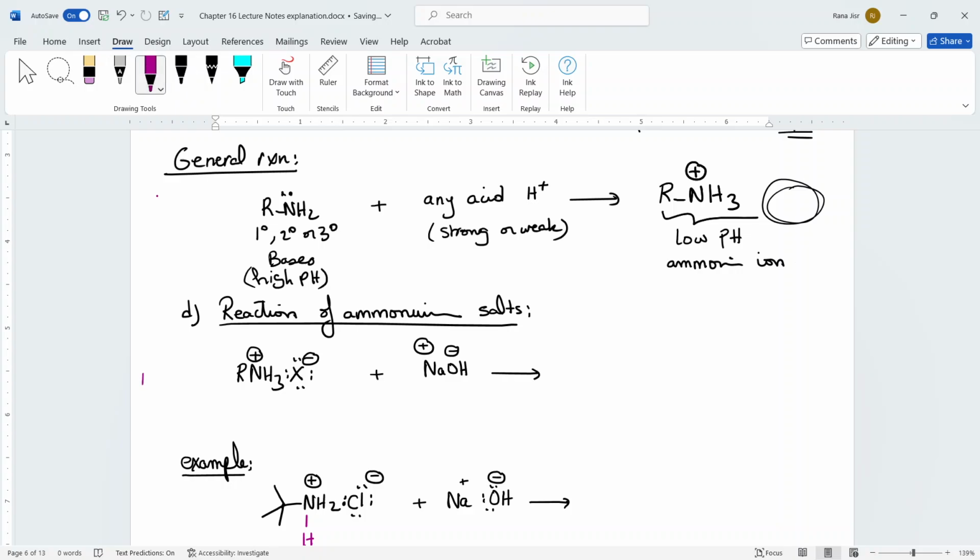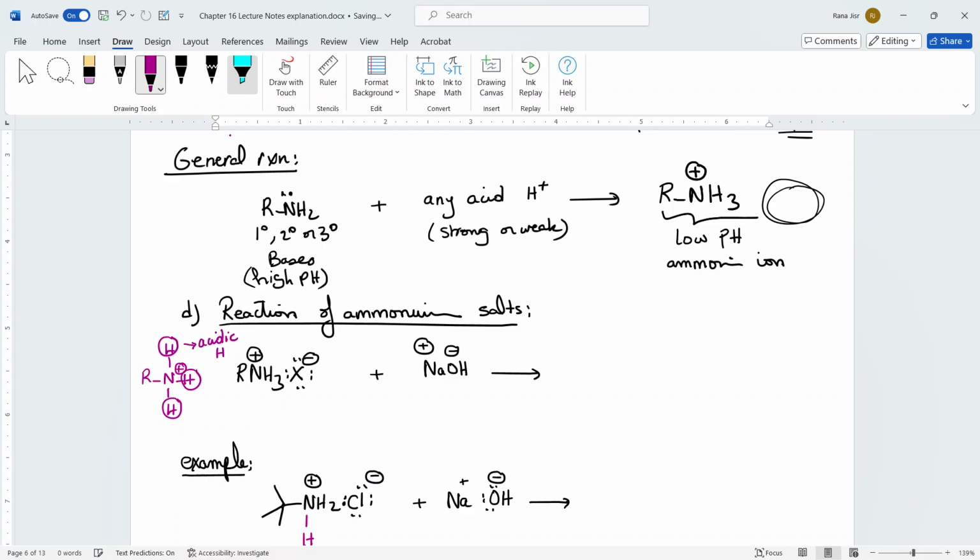So if I go ahead and write down the Lewis structure for the RNH3 plus, it's going to look like this. I know that each one of these hydrogens is considered to be acidic.